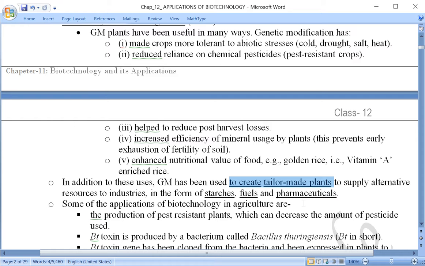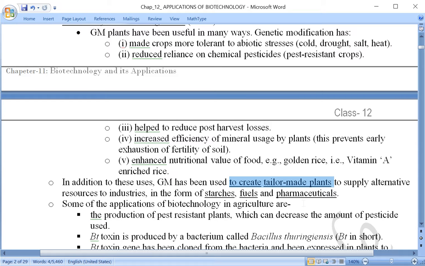Tailor-made plants means whatever character we want a plant to carry, only that particular gene can be inserted. No other harmful genes can be inserted, so that the plant will be able to produce only those products which we want to harvest from it.